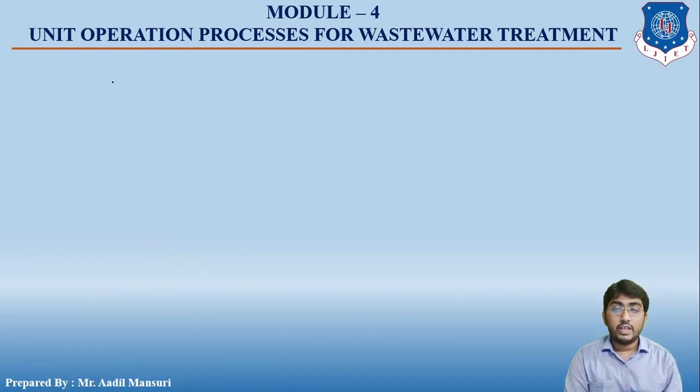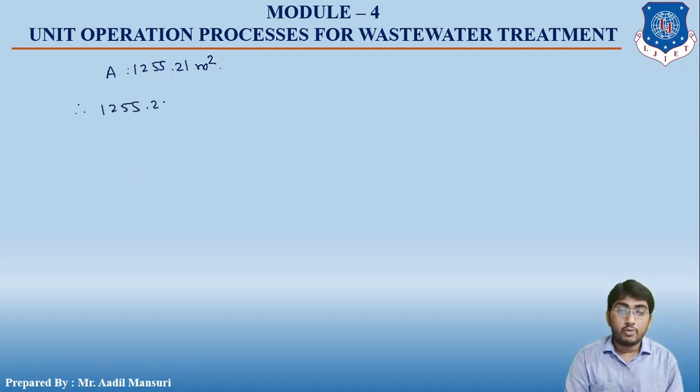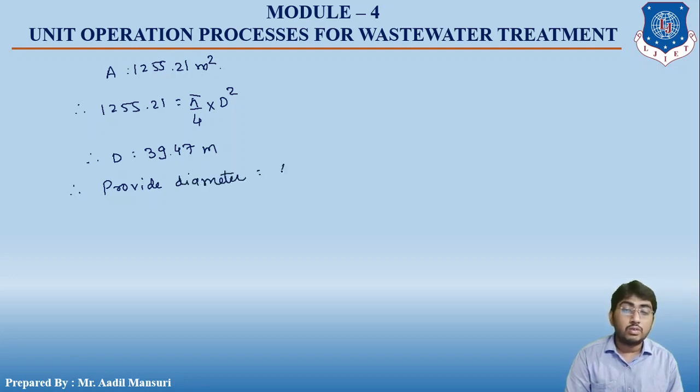So 1255.21 equals to pi by 4 into d square, right? So therefore d will be equals to 39.47 meter. So we can say that provide diameter equals to 40 meter. Clear?